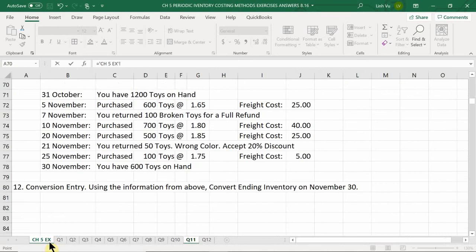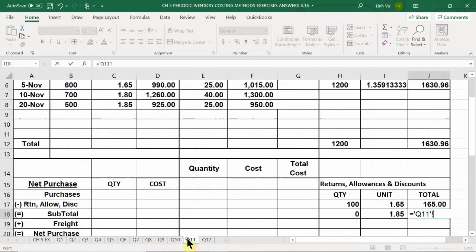We are returning a total of 50 toys at $1.85 and willing to accept a 20% discount. So what amount? $50. Yes, $18.50.